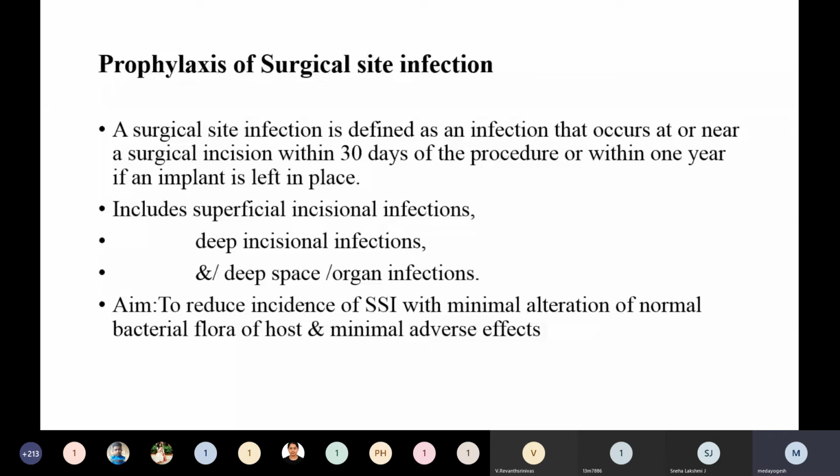The infection could be a superficial incisional infection, a deep incisional infection, or an infection of deep space or organ. So what is our aim here? Reduce the incidence of surgical site infection with minimal alteration of normal bacterial flora of the host and minimal adverse effects.